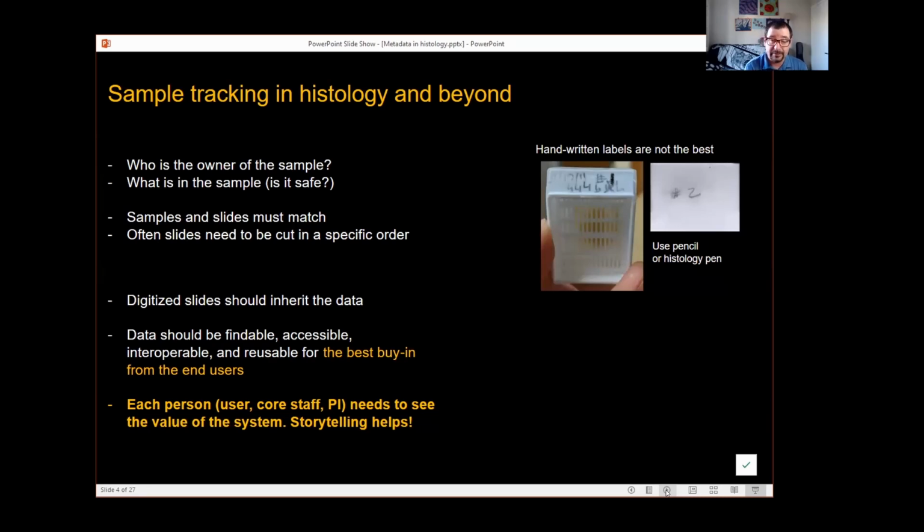And storytelling helps. So my story is that imagine that you're writing a proposal, and you know that 5 years ago there was a study that was done where they used exactly the right genotype of mice and exactly the right treatment, and instead of now frantically trying to repeat that experiment, you'd be able just to take more sections from those blocks, or even reuse the slides that they've done and analyze your aspect of their phenotype.